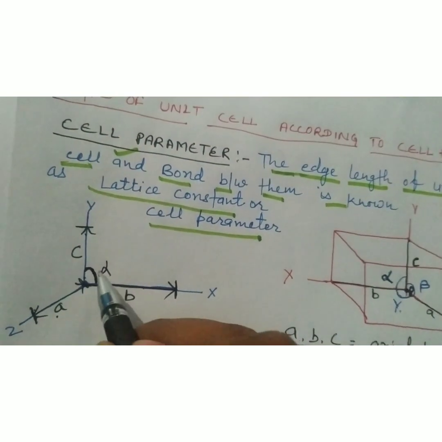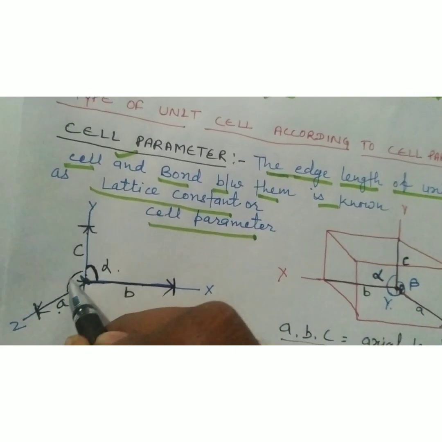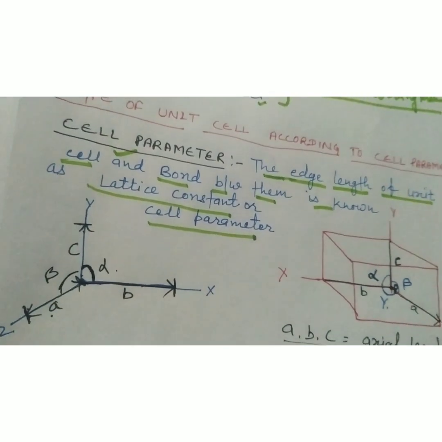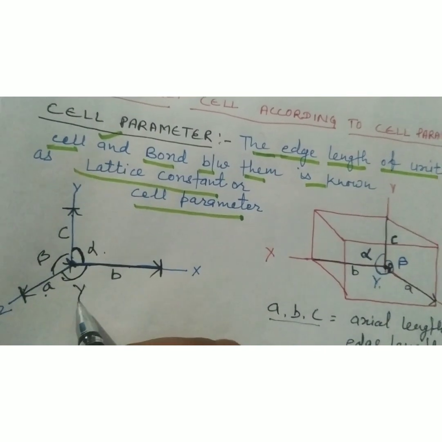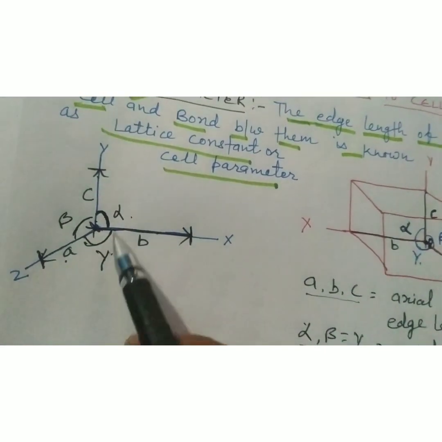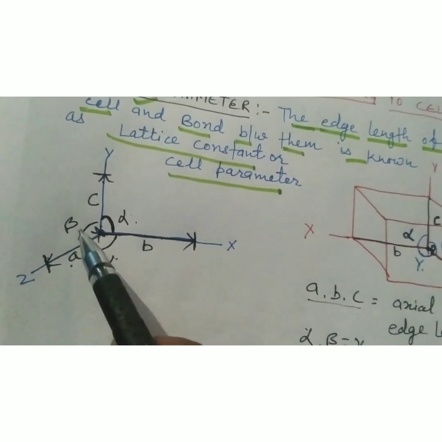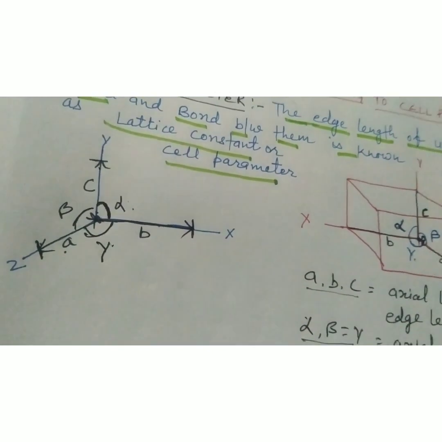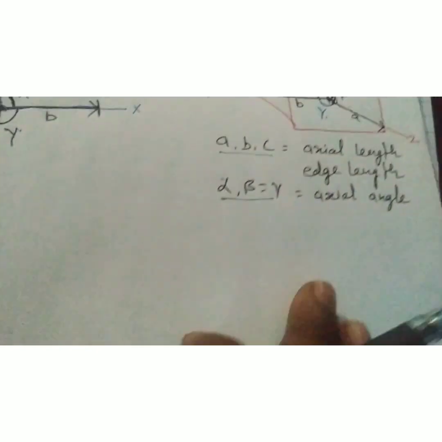This is the axial angle. The angle formed between A and C is beta, and the angle formed between A and B is gamma. Clear? So on the basis of the angles alpha, beta, gamma and the edge lengths A, B and C, we can classify unit cells into 7 subcategories.